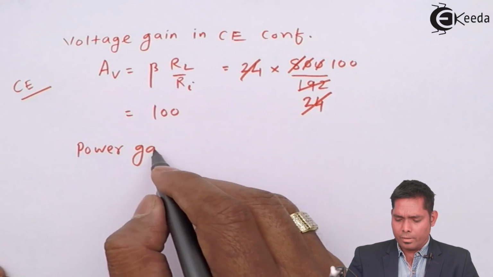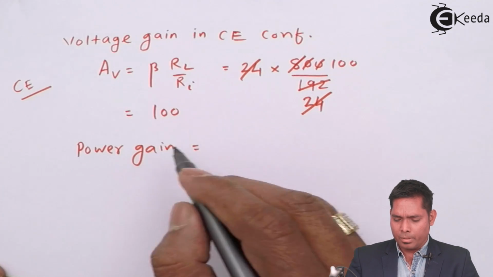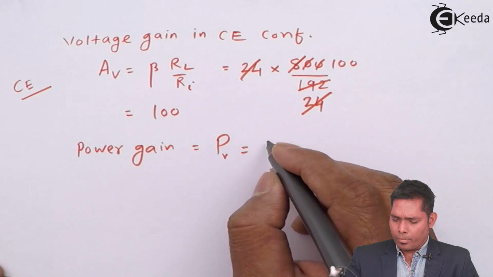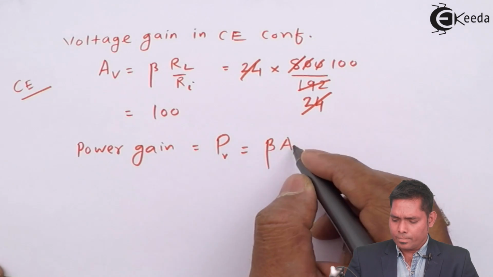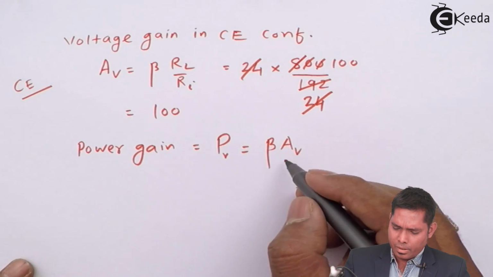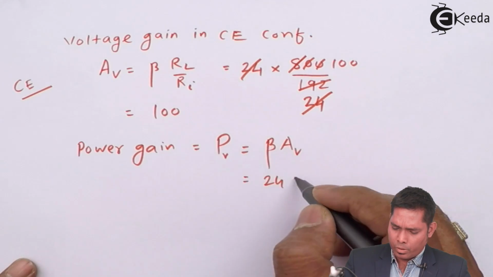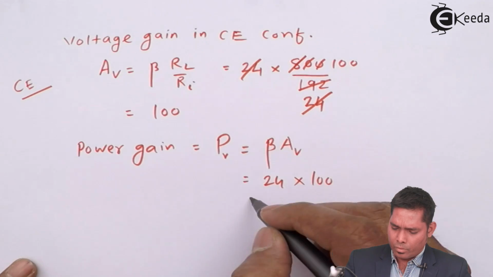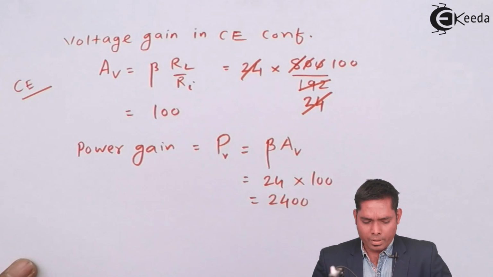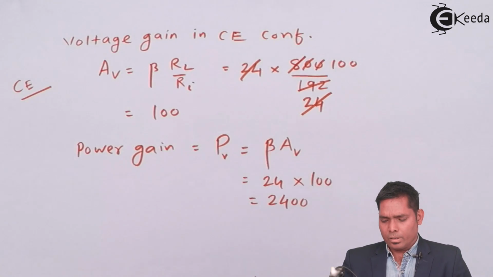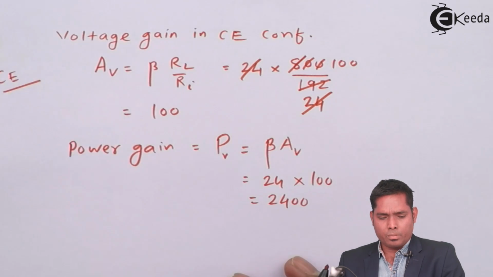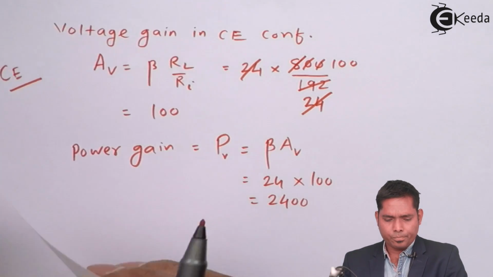Power gain is beta times the voltage gain. Beta is 24, voltage gain we got 100, so it is 2400. This power gain is also not there. So we'll find it for common base configuration.